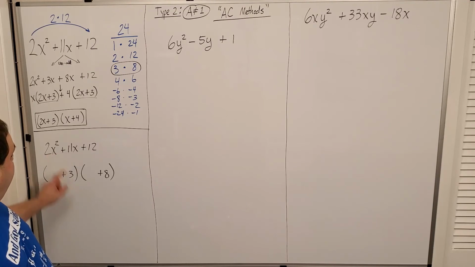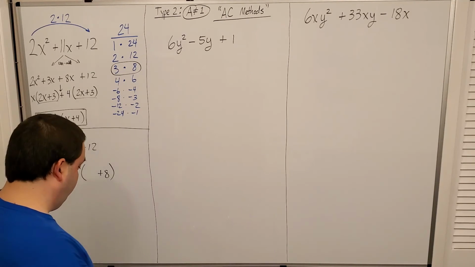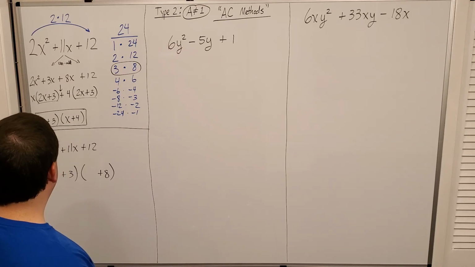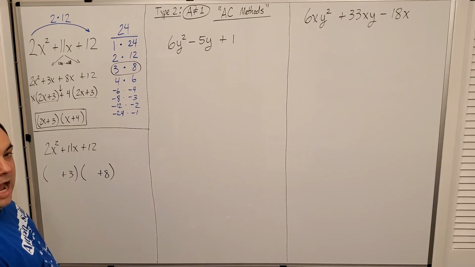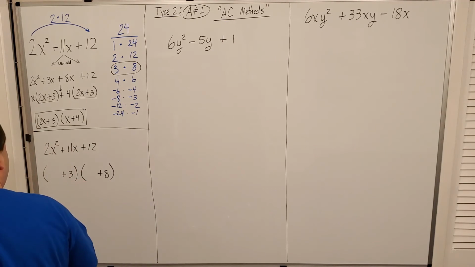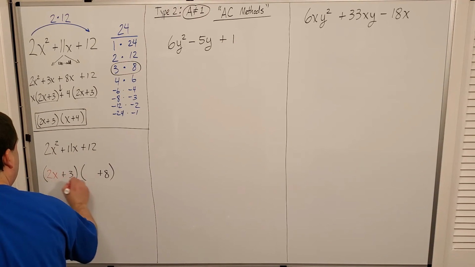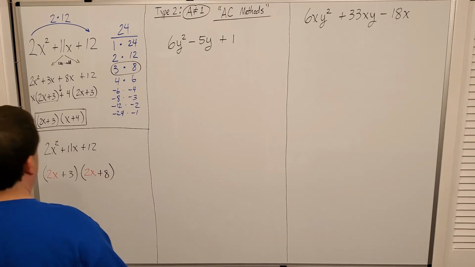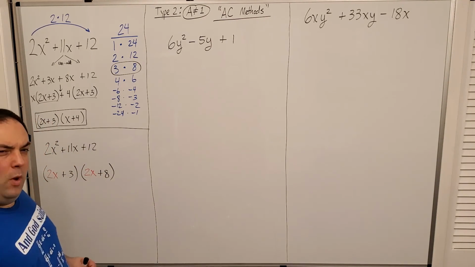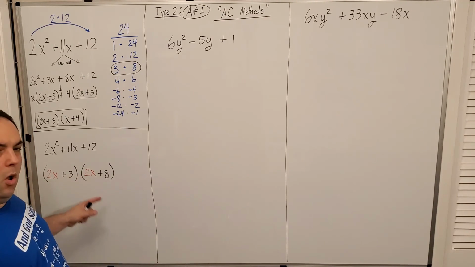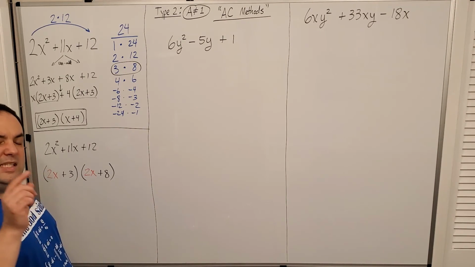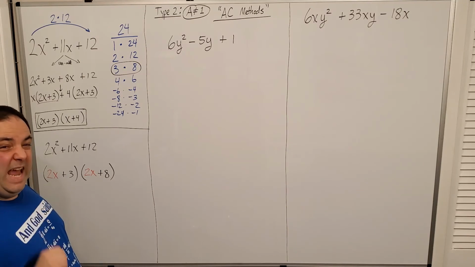I have 2. So here's what I do. I take whatever that number is in front, the 2, and I copy it both places. 2x and 2x. Okay? Now wait a minute, Professor Simon. 2x times 2x is 4x squared. That's wrong. Correct. This is not correct yet.